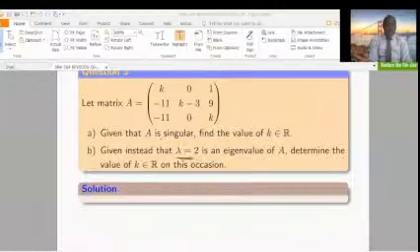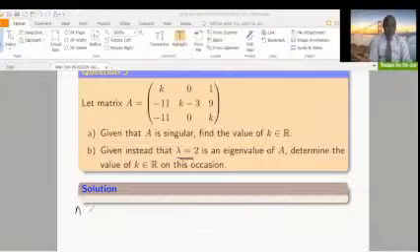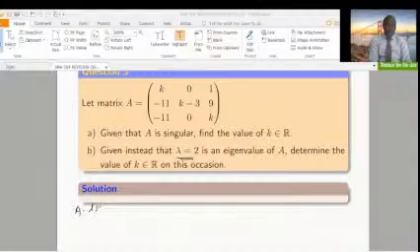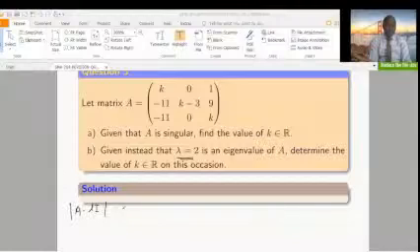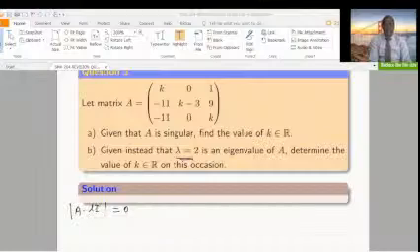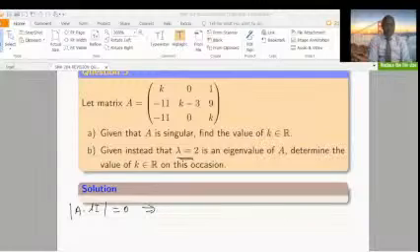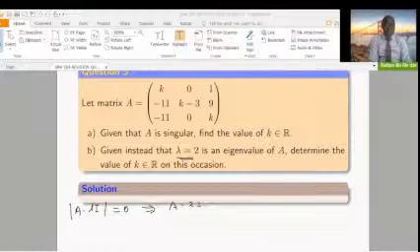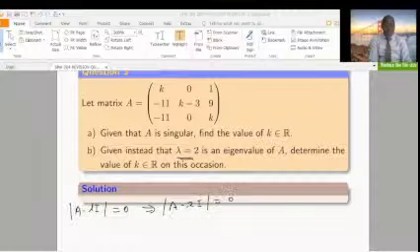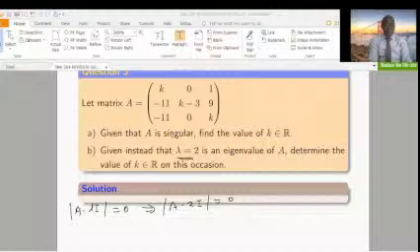What we know is that if we have matrix A and subtract lambda I from it and get the determinant of the result, the answer should be 0, where this lambda is an eigenvalue. That means that if I take A minus 2I and get the determinant, this determinant should be 0. And that will help me to get K.